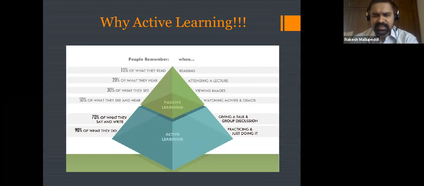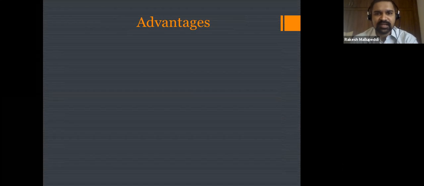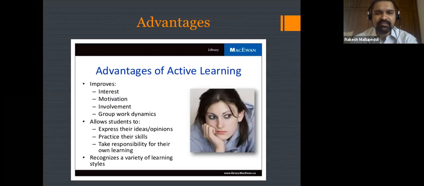I think we need to see what the real advantages and benefits are that we are going to achieve out of active learning. If you see the advantages, in the class you're dealing with different types of students, different personalities, different thinking levels.